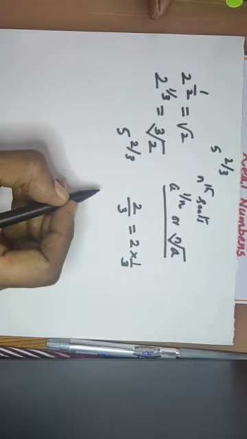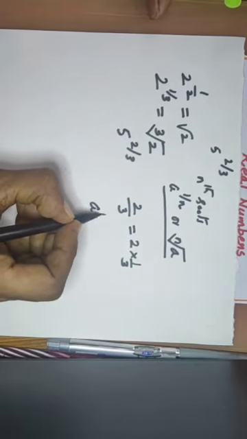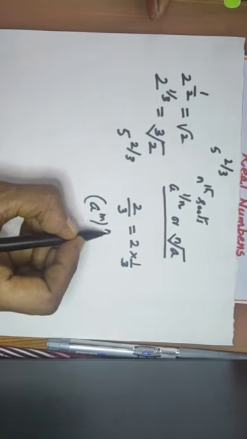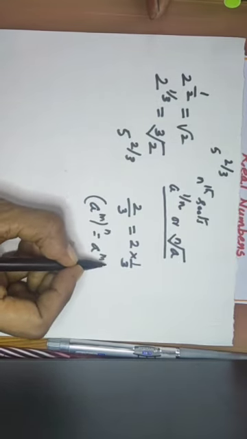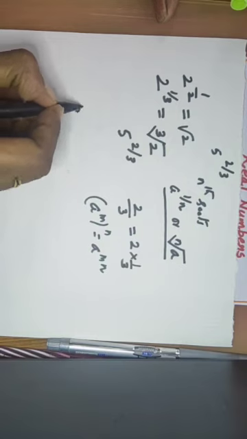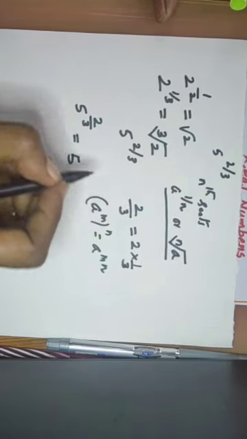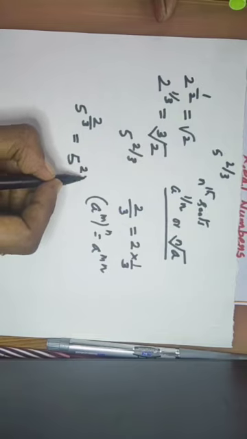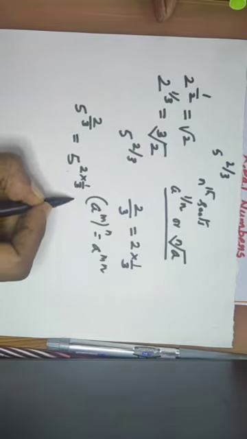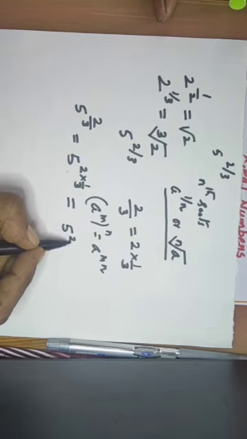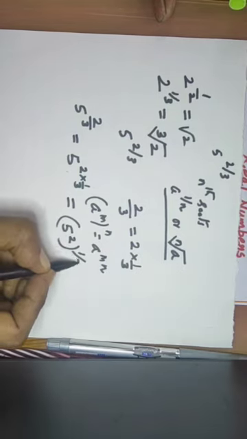And using the laws of exponent, that is a raised to m whole raised to n is equal to a raised to m into n, this 5 raised to 2 by 3, I can write it as 5 raised to 2 into 1 by 3, that is equal to 5 square raised to 1 by 3.